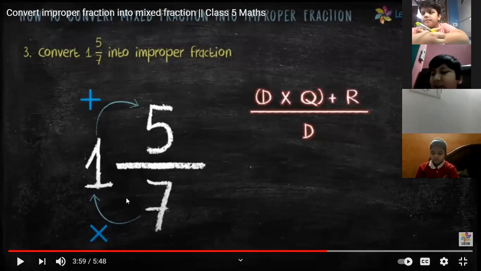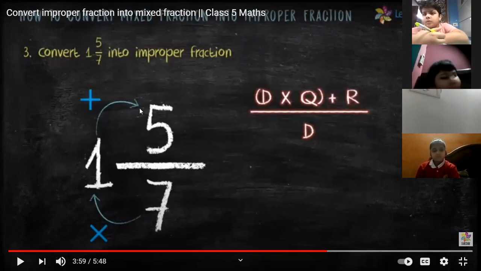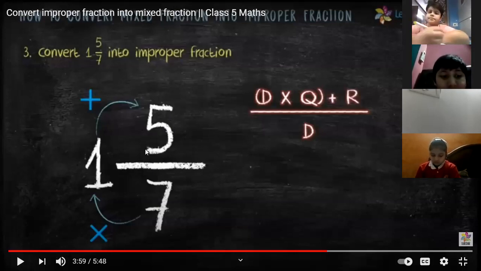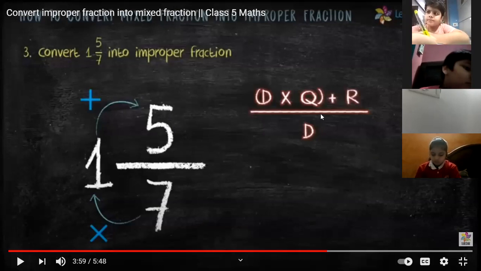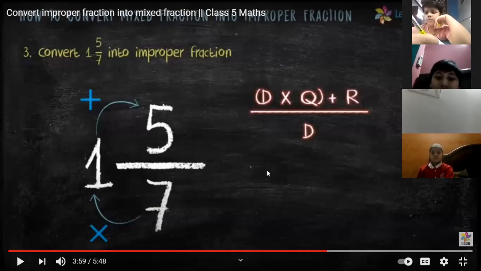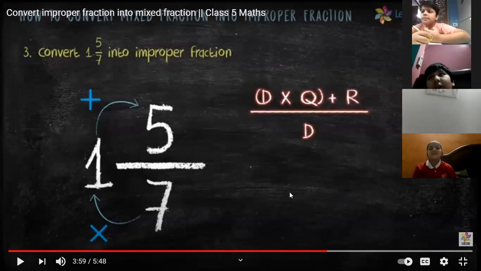We are going to multiply quotient and divisor, and then we are going to add the remainder part. When we multiply the divisor and quotient, you will find some product, and in that product, you are going to add the remainder to find the final numerator. Clear? Yes, ma'am.